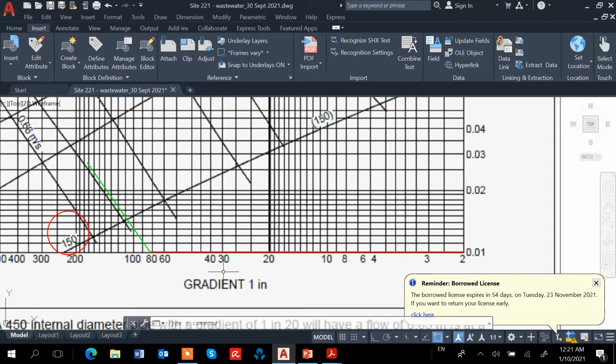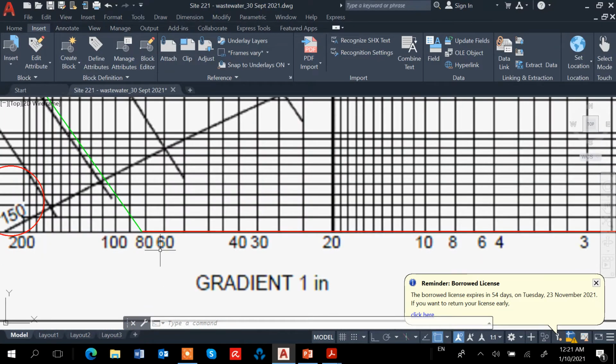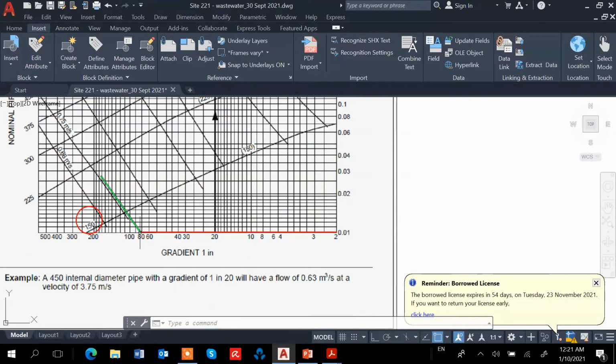The line that we're going to use, we try the bare minimum, 1.2%, which is 1 in 83.3, so it's about here. We have a red line here, a horizontal line at the bottom.